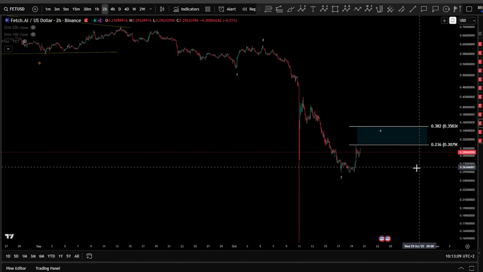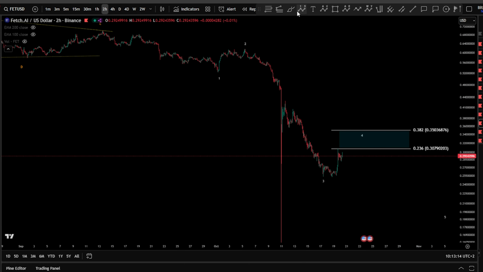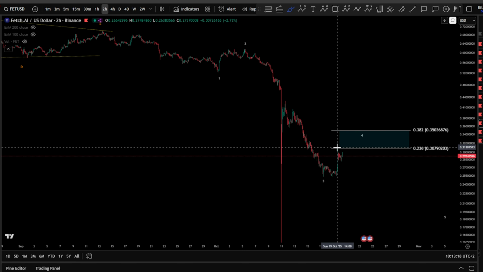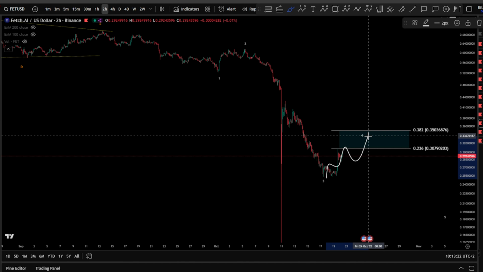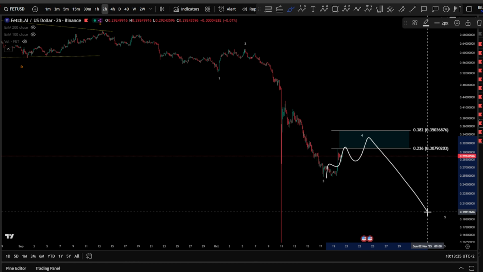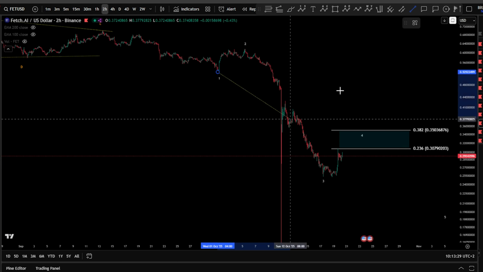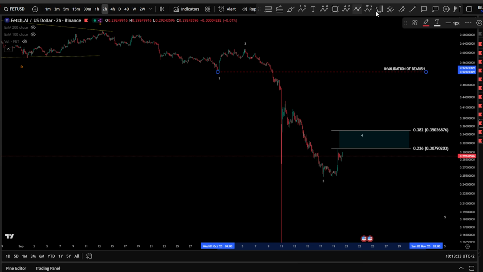Okay, so we are still exactly in this wave 4, potentially here at 0.23, of course, which is a blue box, and of course hit, and we see reaction. Now I believe it might even take more time here, ABC for a wave 4, and then moving for a wave 5 later on. Before invalidation of this impulse, we cannot say that we are bullish for FET, guys.